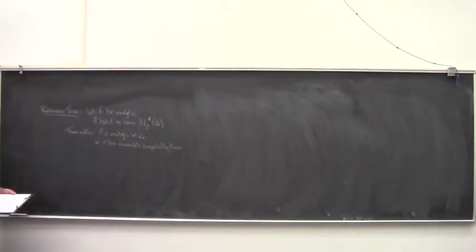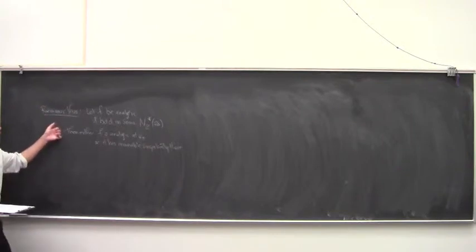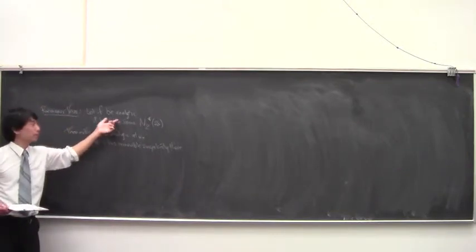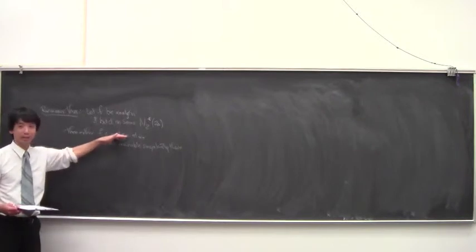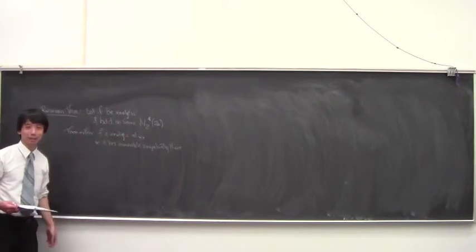So in other words, if you know it's bounded in some neighborhood, then you know it has an analytic extension. Either it's already analytic there, or it can be made analytic there.